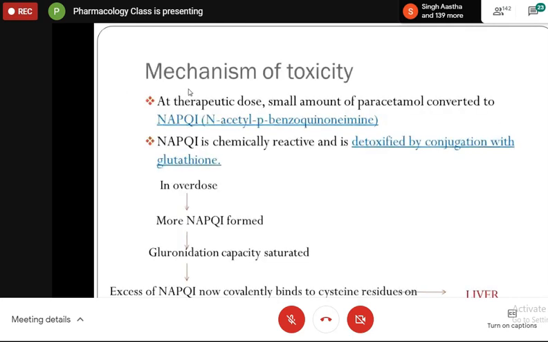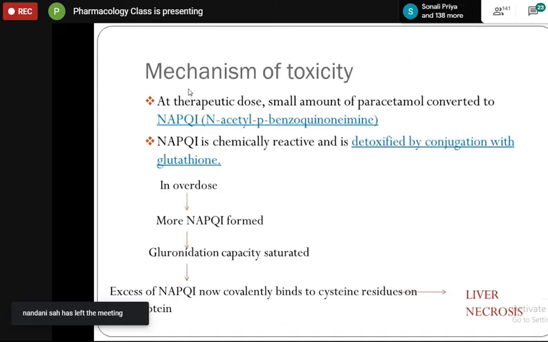The MBBS students have already learned in their NSAIDs classes how toxicity prevails with the use of paracetamol. So can the MBBS students answer: in what case is paracetamol toxicity very common in the liver?